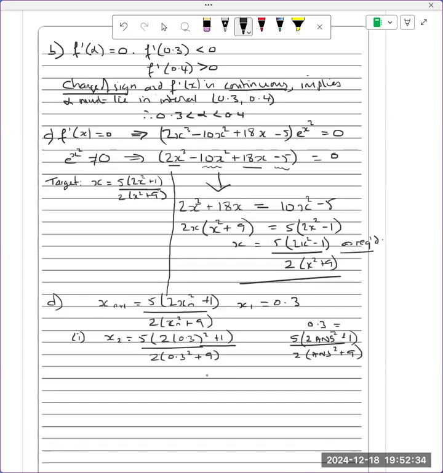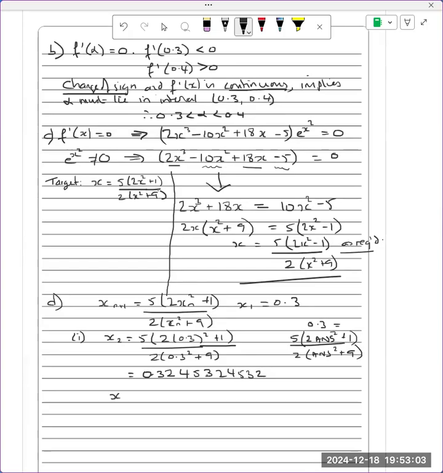So 0.3 equals, and then I need to change that numerator to a plus. Okay. So x2 is, sorry about that, 0.324532. Looks like a recurring decimal.